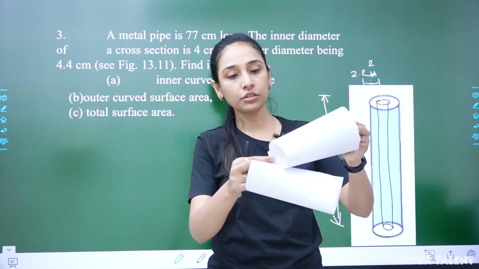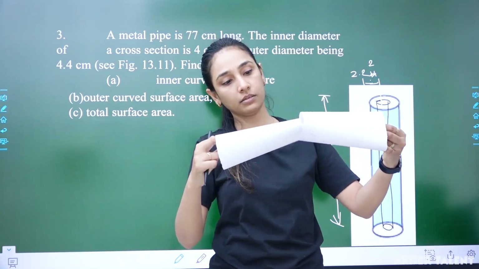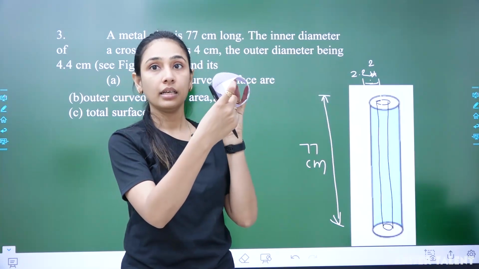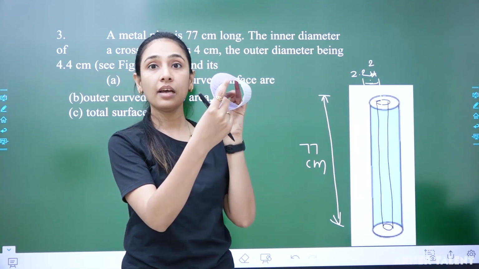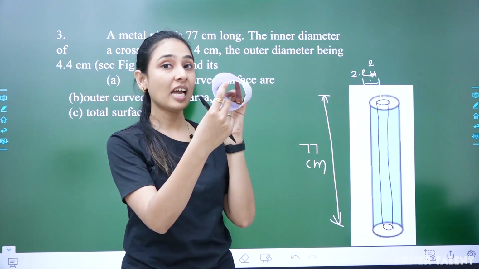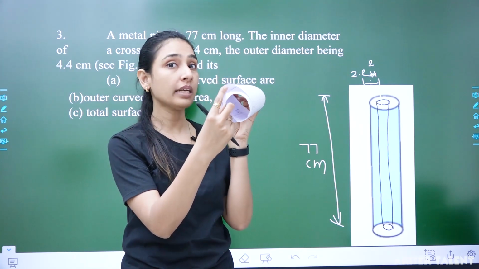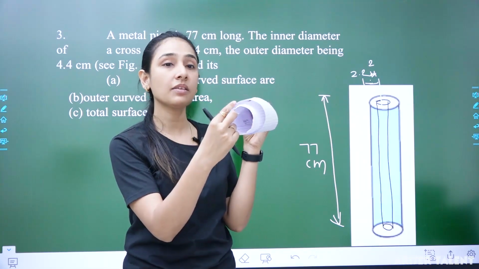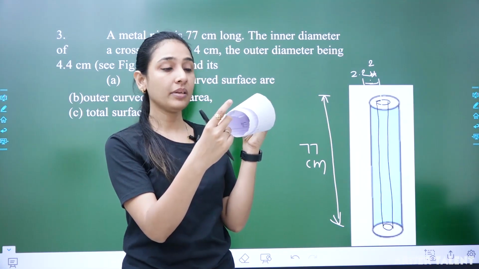Now according to the question, this is inside this, like that. This has 2 centimeter radius and this has 2.2 centimeter radius.